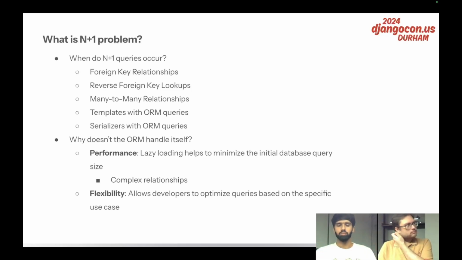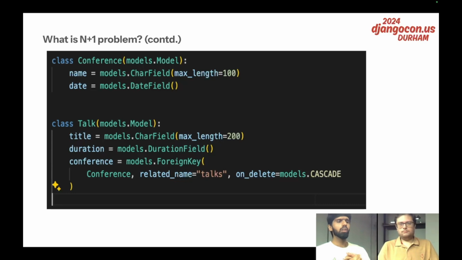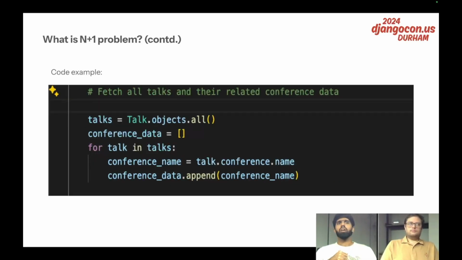But this flexibility comes at the cost of performance in certain scenarios with large data sets and complex relationships. As an example, we have taken two models here: the conference model, which is a simple model having two fields, and the talk model, which contains a foreign key relationship to the conference table. Next, we have a use case where we'll try to fetch conference names from their respective talks.